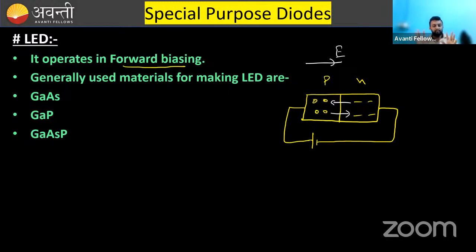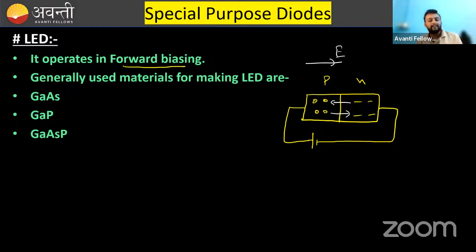Now the thing is that, listen to me, electrons are in the conduction band. They are in the higher energy level. Holes are in the lower energy level. They are in the valence band. And electrons are in the conduction band. So when they meet with each other, that means electrons are making transition from higher energy to the lower energy.